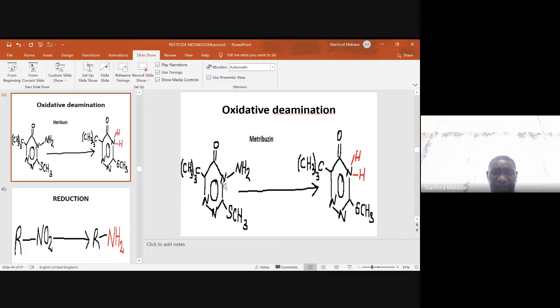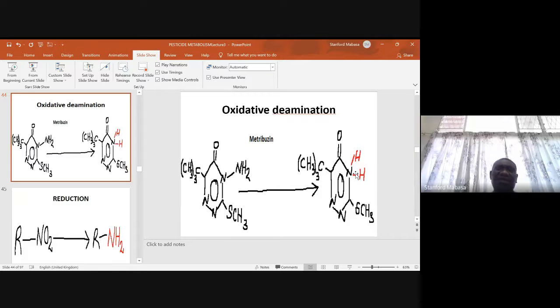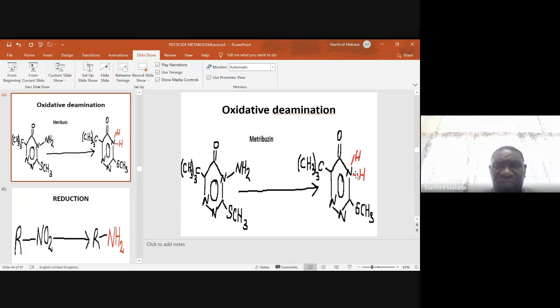We have got this double bond where we have got nitrogen here attached to nitrogen there. So this can be removed. Then we are left with one nitrogen there as a result of oxidative deamination. This can occur in metribuzin or Sencor, which is the herbicide used to control weeds in soybean.